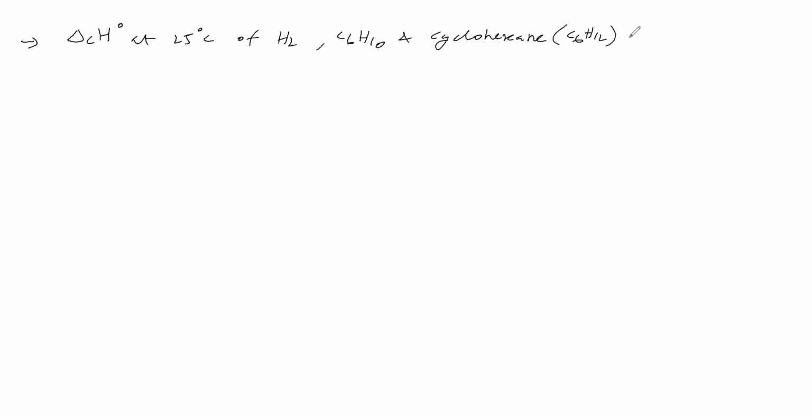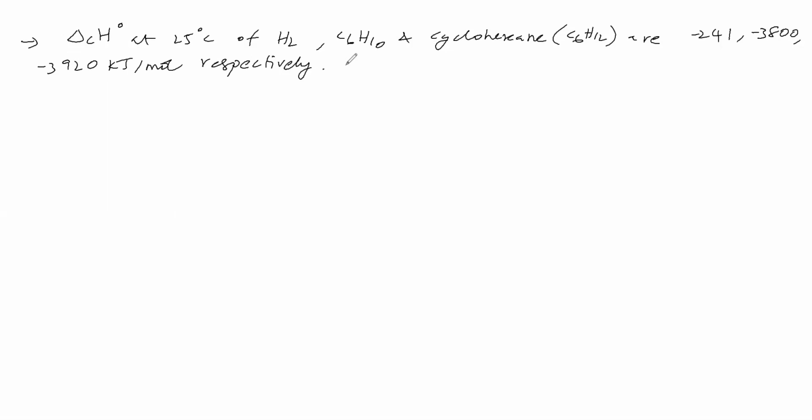Let us go to the next sum. The standard enthalpy of combustion at 25 degrees Celsius of hydrogen, C6H10 and cyclohexane, C6H12, are minus 241, minus 3800 and minus 3920 kilojoule per mole respectively.